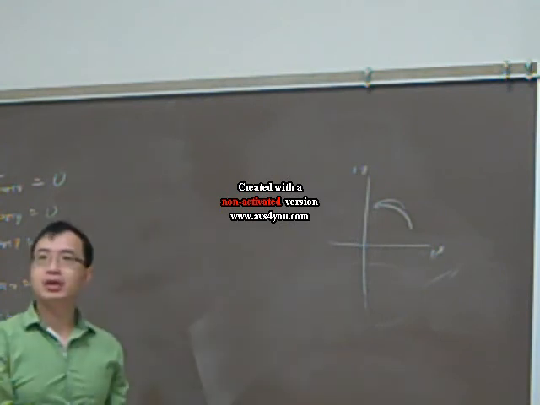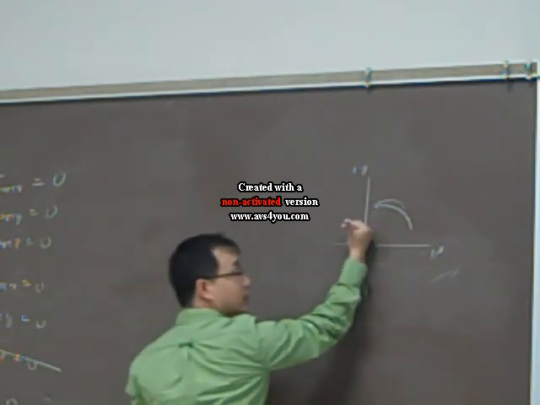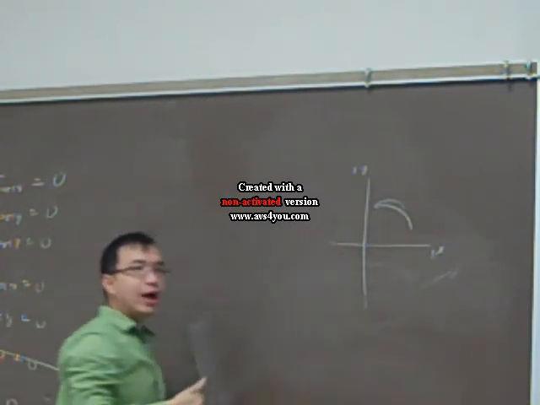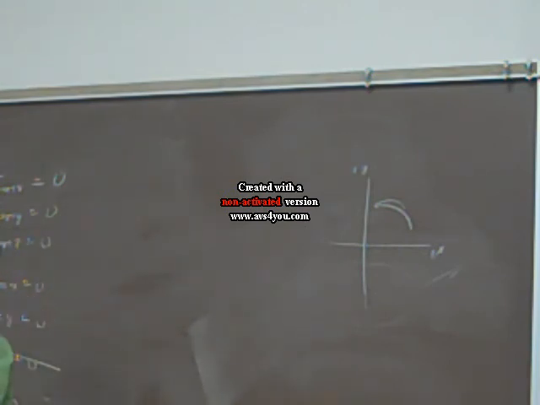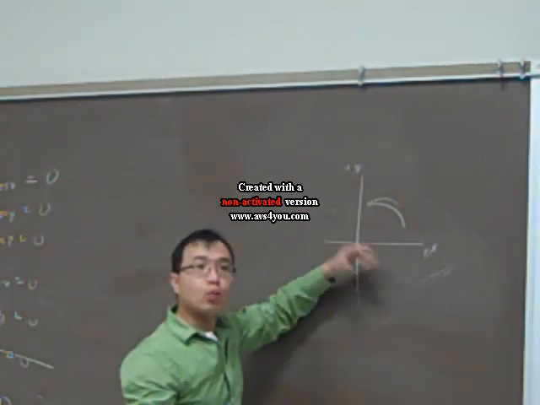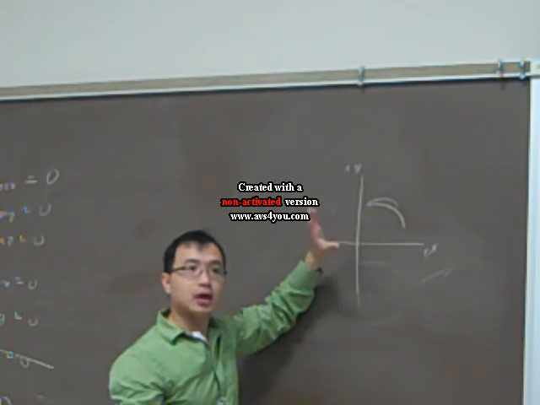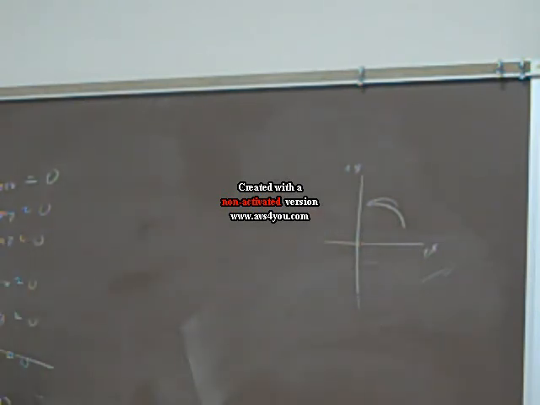There is only one possibility: you have rotation about the z-axis. You don't have rotation about the x-axis, and you don't have rotation about the y-axis. So for 2-dimensional motion, you have only one kind of rotation, and you only need one rotational equation.